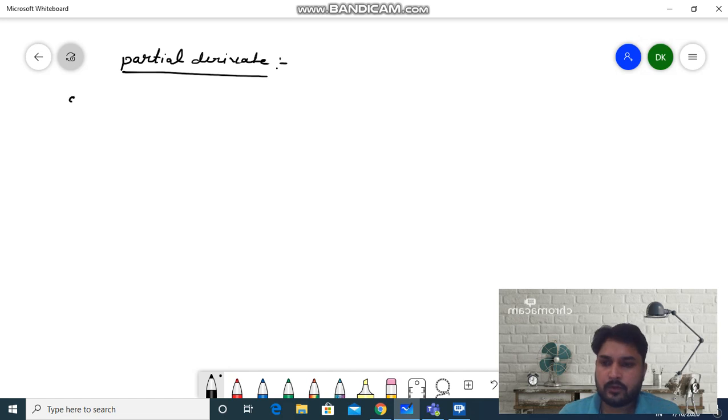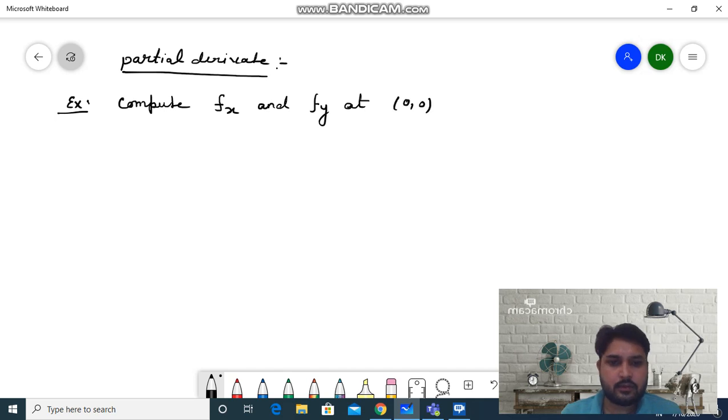So the example is: compute the partial derivatives fx and fy at the origin, that is (0, 0), of the following function.